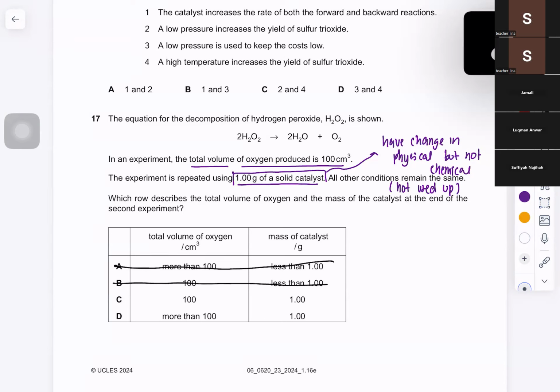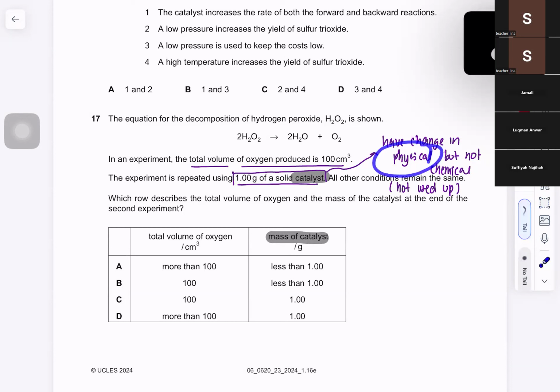Teacher, can you repeat it again? Can? Wait a moment. Okay. Alright, so in the experiment they use a catalyst. Okay, a catalyst is a substance that when you use it, it can change physically, but not chemically. Physical, this one we call a large granule.